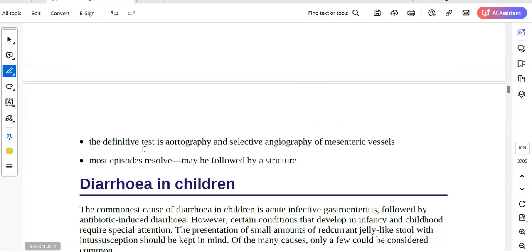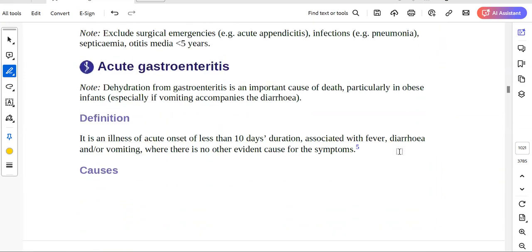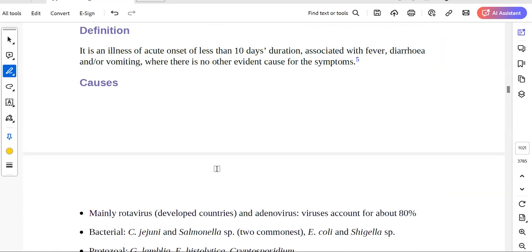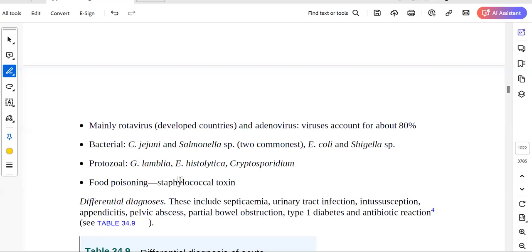And the only way to confirm the diagnosis is to do a CT angiogram of the mesenteric vessels. Acute gastroenteritis in children is not needed. You can go through that in your own time. The most common causes of diarrhea in children are rotavirus and adenovirus.